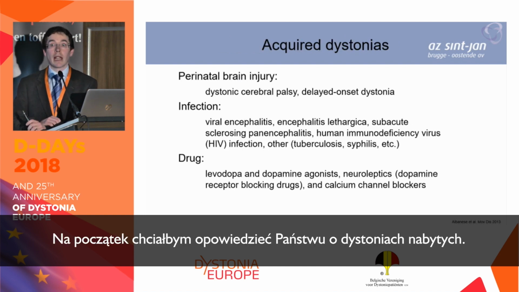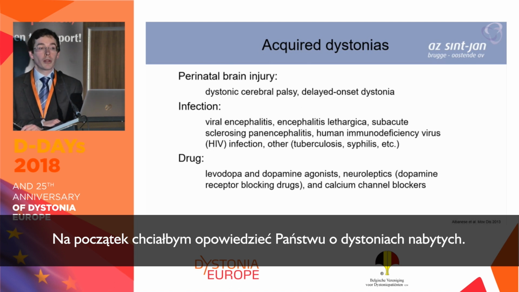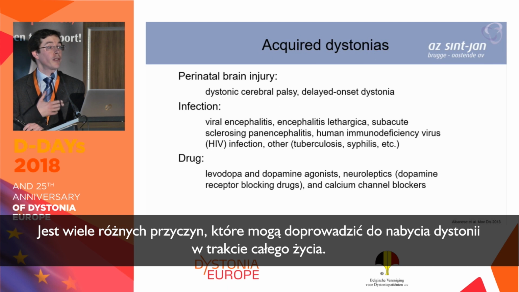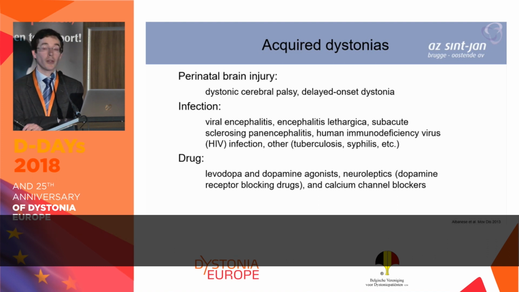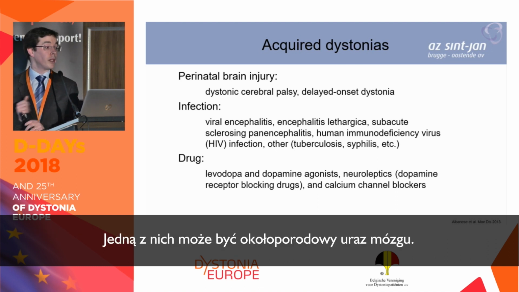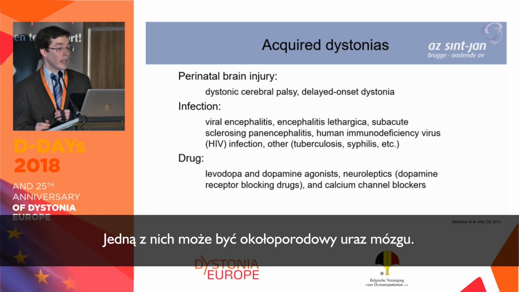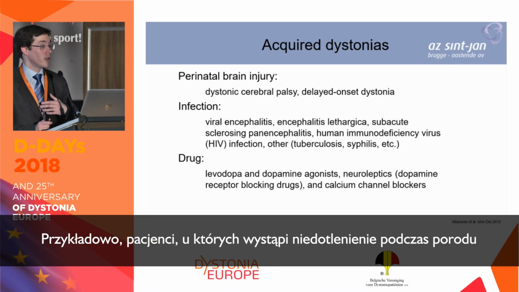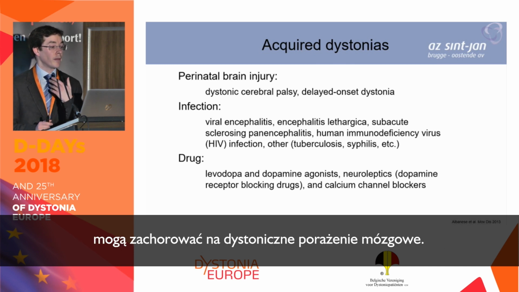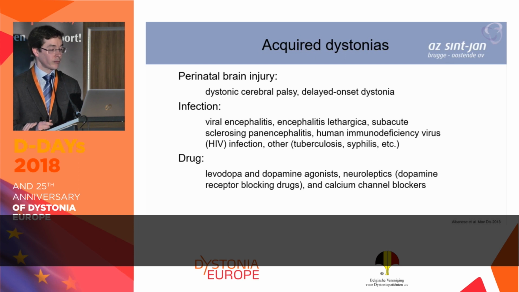First of all, I would like to talk to you about the acquired dystonias. There are many different reasons why one can acquire a dystonia during life. There can be perinatal brain injury, and if these patients have, for example, an anoxia during birth, they can develop a dystonic cerebral palsy.